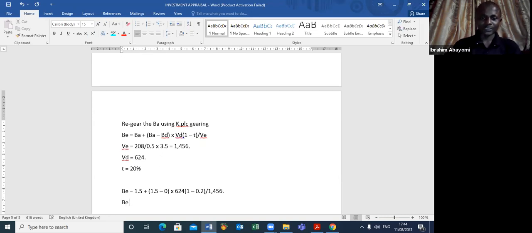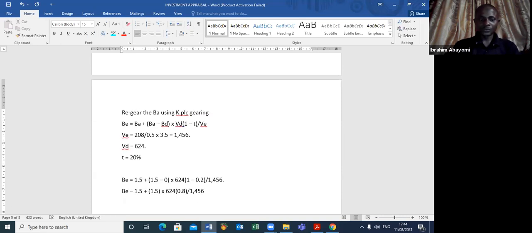So beta of equity will be equal to 1.5 plus 1.5 times 624 into bracket 0.8 all over 1456.